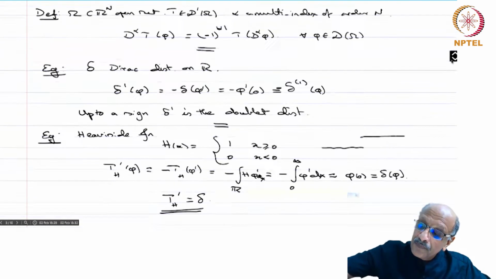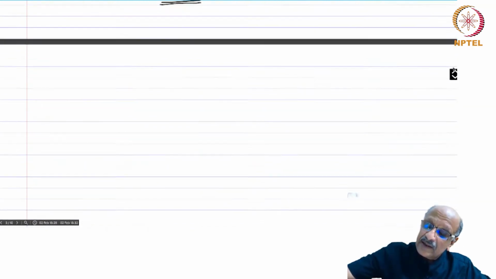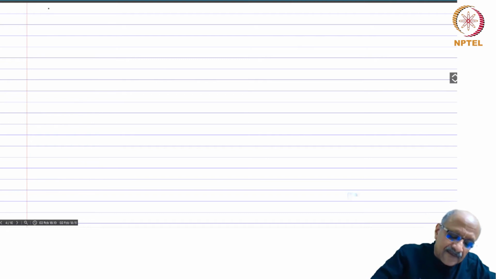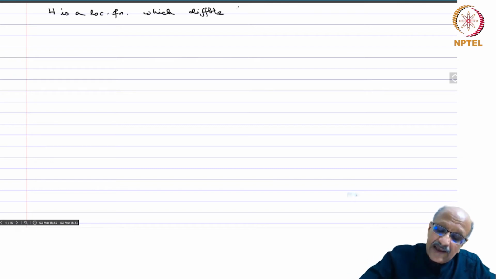Okay, so this is the distribution derivative. Now this raises an interesting question. You remember that H is a locally integrable function which is differentiable in the classical sense almost everywhere.